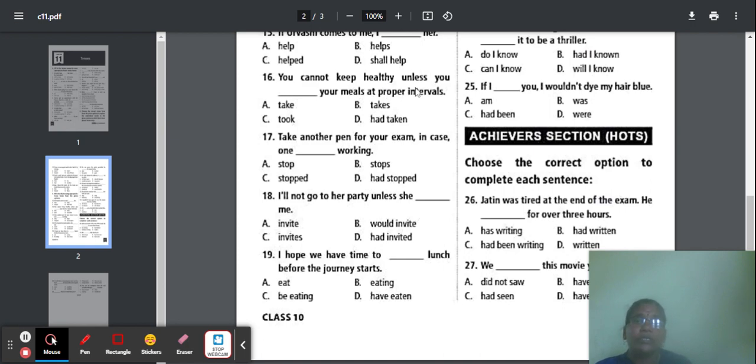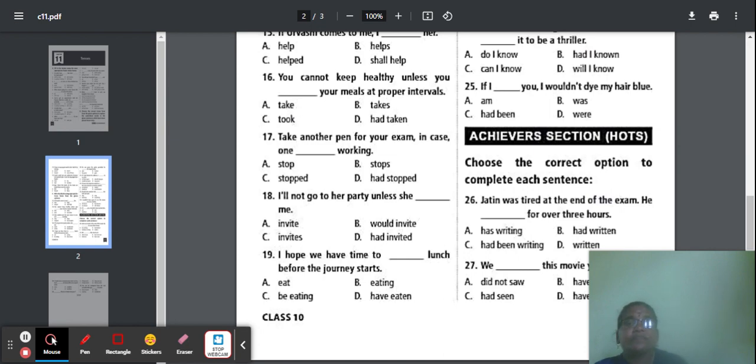So you cannot keep healthy unless you take your meals at proper intervals. So take will be the correct answer. We are using only present tense, and take only we are using. Why? Because we are not using takes. Why? Because for he, she, it alone it is verb plus s. So the answer will be take only.